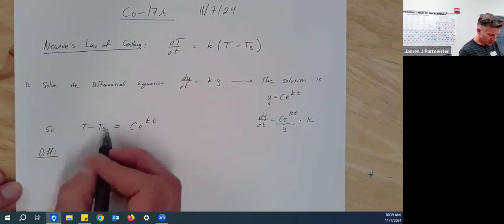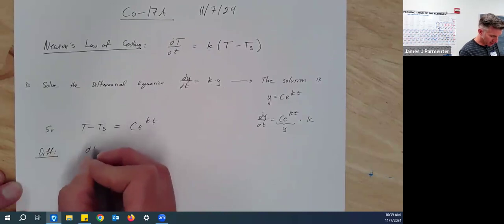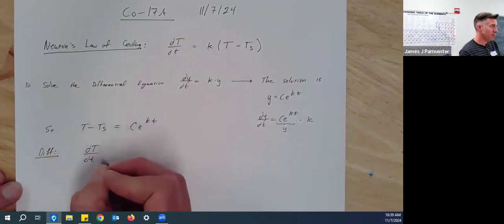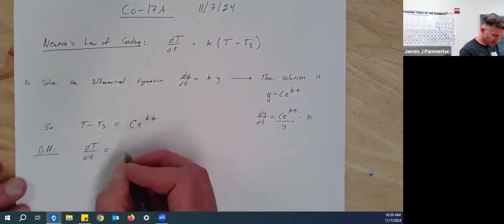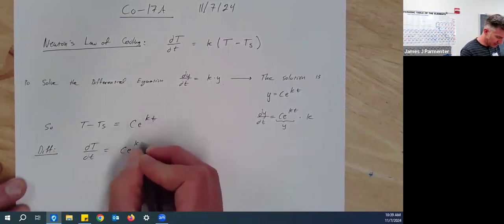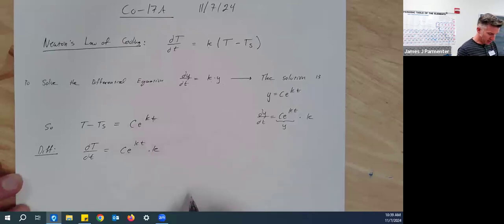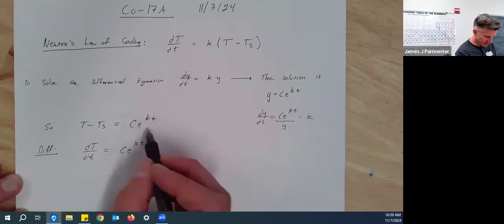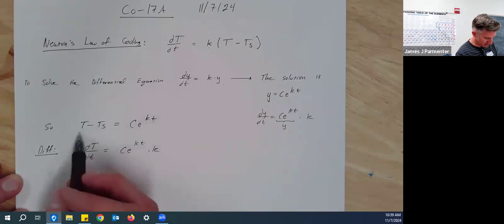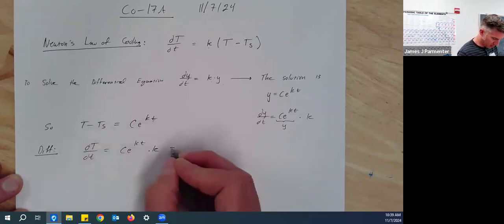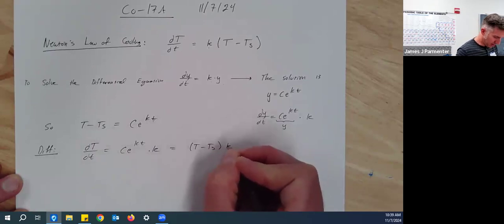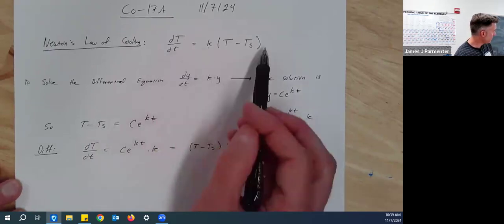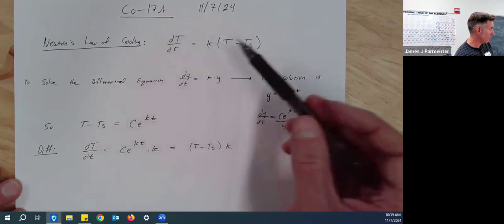The derivative of the left-hand side is dT minus 0, equal to the derivative of the right, which is c e to the kt times k. But since c e to the kt is equal to T minus the surrounding temperature, this is really just equal to T minus the surrounding temperature times k. Exactly the differential equation that we started with.